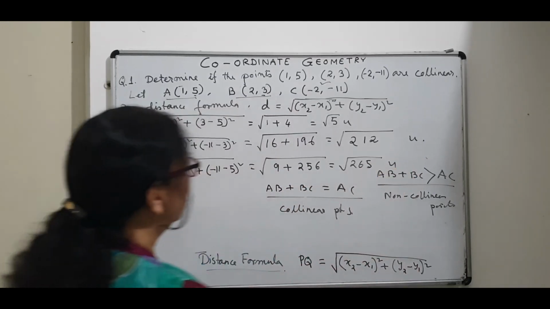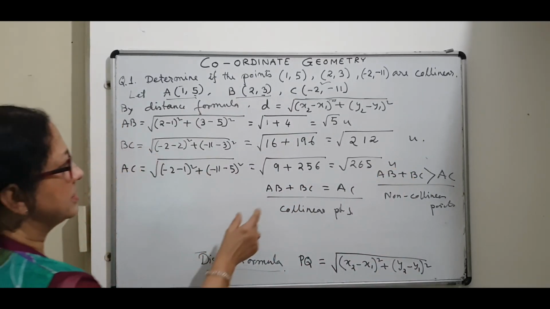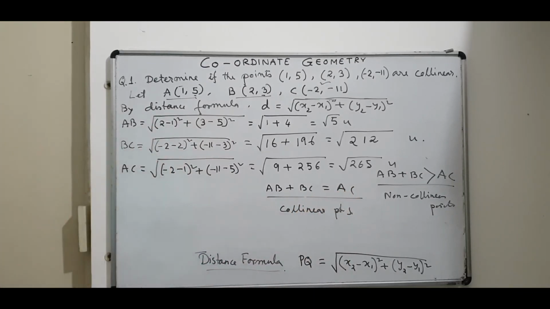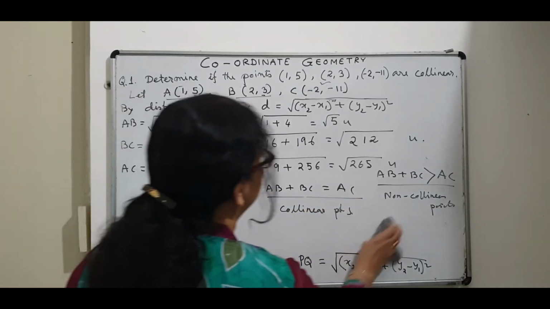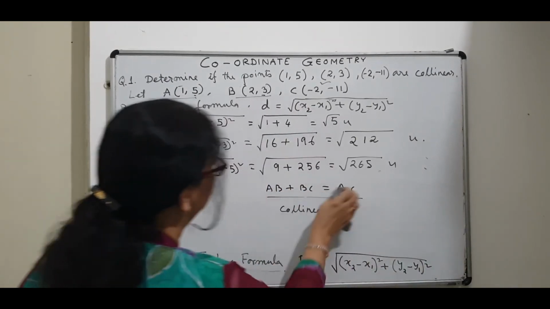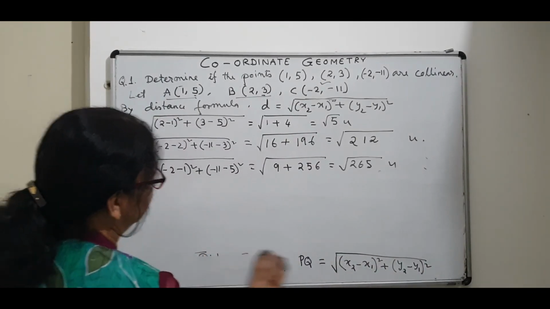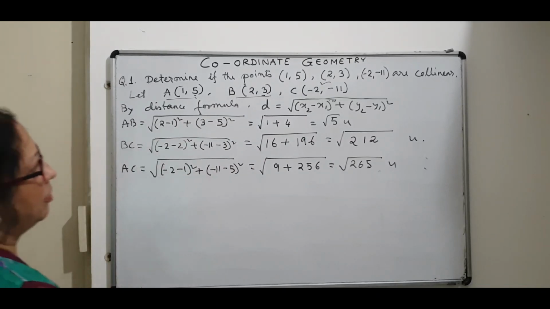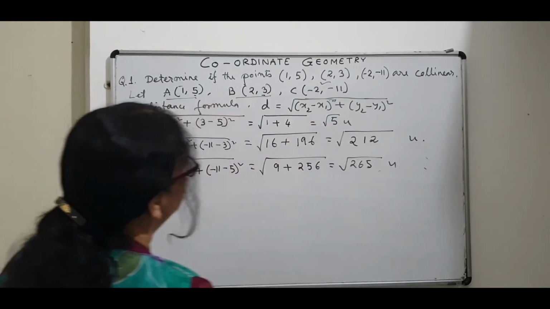Root 265 unit. So now we have to check whether the sum of the two smaller segments is equal to the third or not. That we have to see. This is the check I have to do, or you should write better, that the sum of two smaller segments. Now obviously these two are smaller.